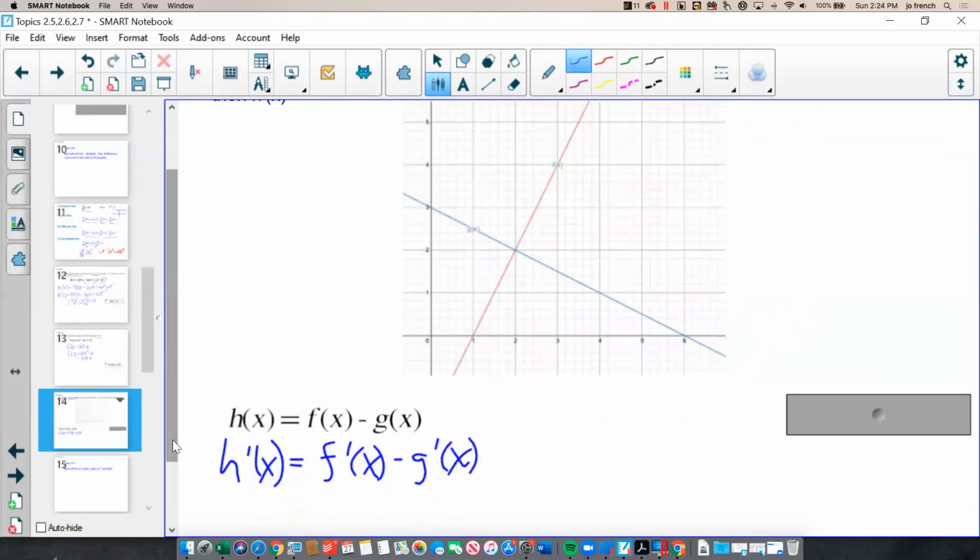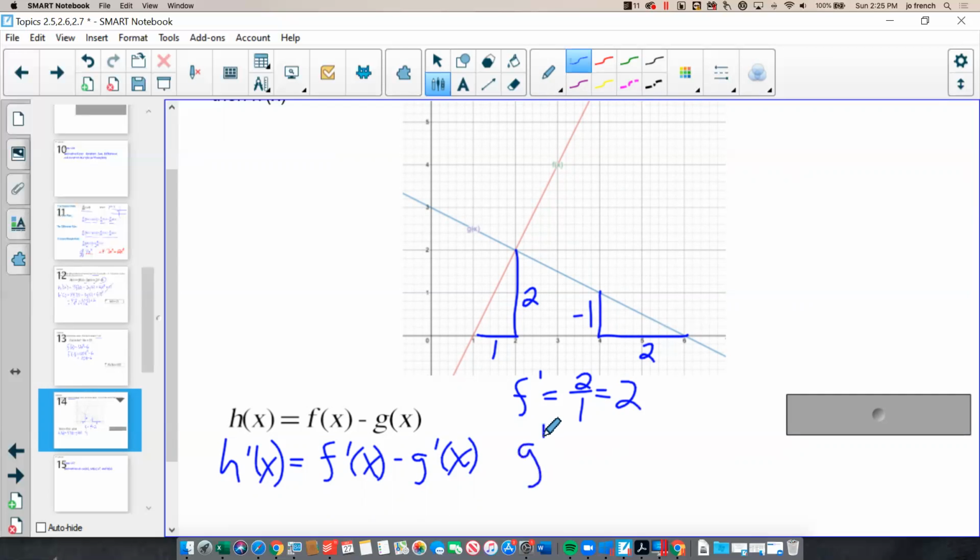So f is my red graph here, and I can see that as x goes up by 1, my y values increase by 2. So my f prime is going to be 2 over 1, or 2. Now g, I can see that as x increases by 2, in that same distance, my y values fell by 1.